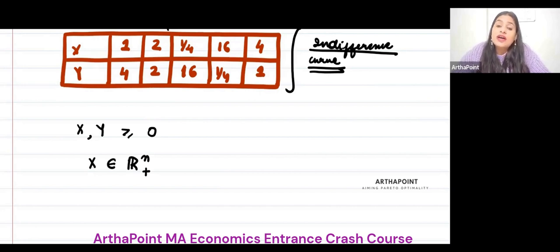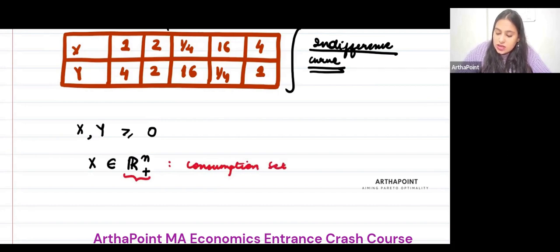It has to be a natural real number. It has to be a positive real number. So this just says that R plus just says that my consumption set in this case is a positive set.